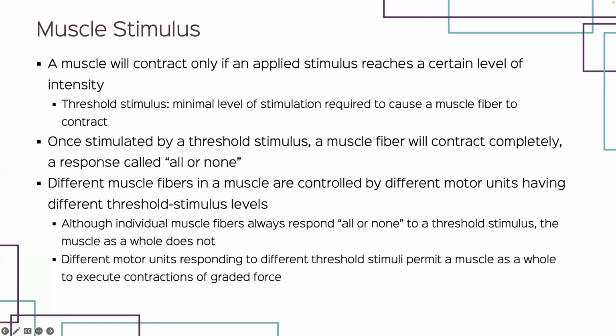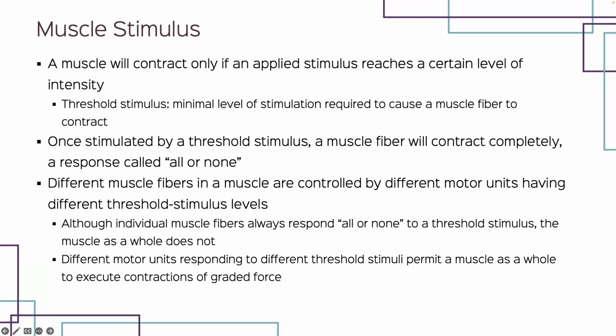When a muscle fiber is subjected to a threshold stimulus, it will contract completely. On the other hand, if a threshold stimulus is not reached, the muscle will not contract. Because of this, muscle fibers are said to respond in an all or none manner.